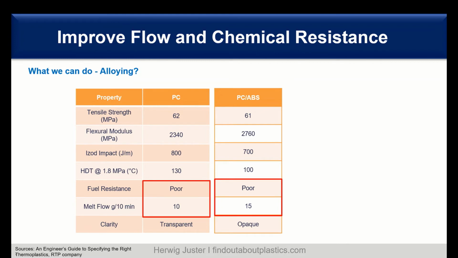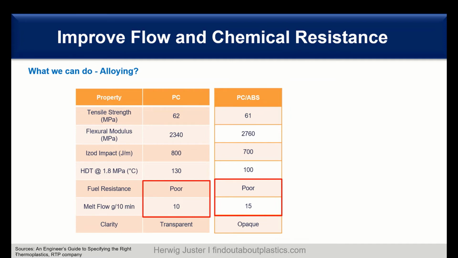There we can increase the melt flow, so we have already a better melt flow. We also have improved impact over the temperature range, from -40 up to 120, however the fuel resistance is still poor.